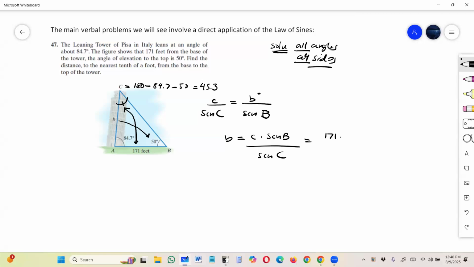Sine B is sine 50. And sine C is sine 45.3.